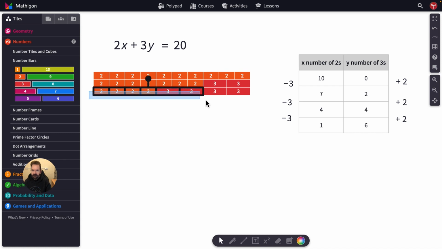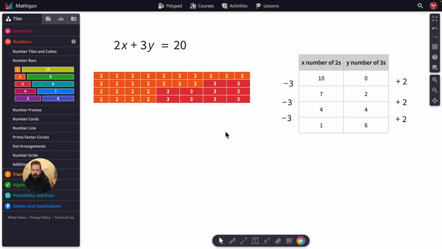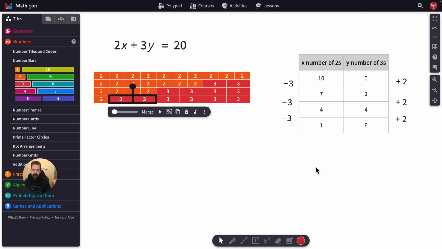And if we make a copy of this one down here and get rid of another 3 2s and replace that with 2 3s. And so we're beginning to understand why every time the number of 2s goes down by 3, the number of 3s has to go up by 2.